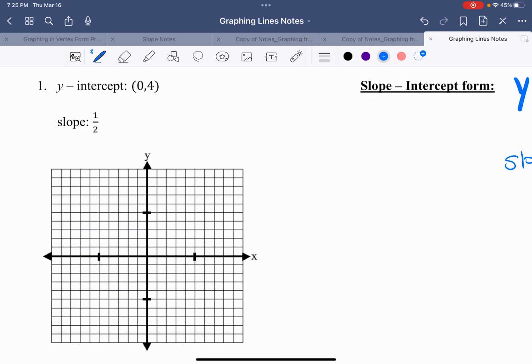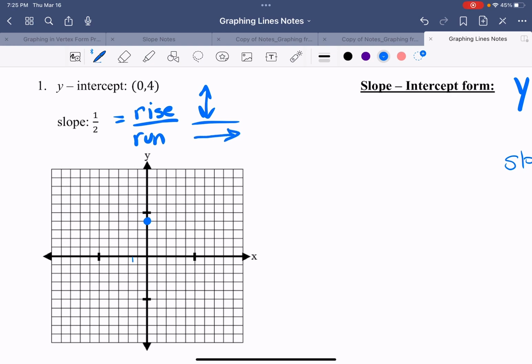So if I'm looking at this line right here where it says y-intercept is (0, 4), all you have to do is plot (0, 4), which should be right here, and slope is 1/2, which is the same as rise over run, which means we're going to go up or down first. In what direction? We're going to run to the right every time.